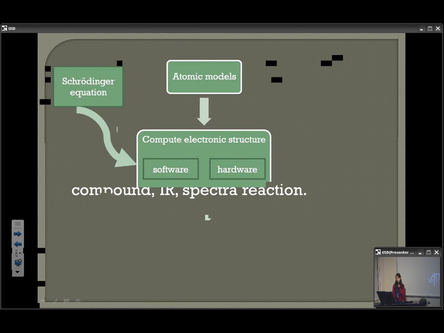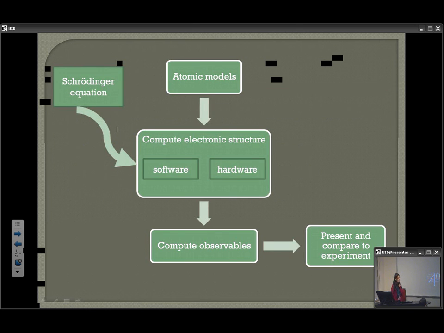This flowchart tells us how computational chemistry works. First, we get the atomic models. Then, based on the Schrödinger equation and other theories, we use software and hardware to compute the electronic structure. Then we can get the resulting observables, which we can present and compare to the real experiment.